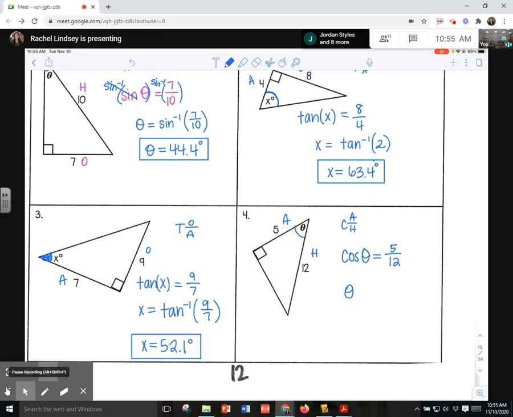You'll have theta equals cosine inverse of 5 over 12. What's that give you? Like 65.4.